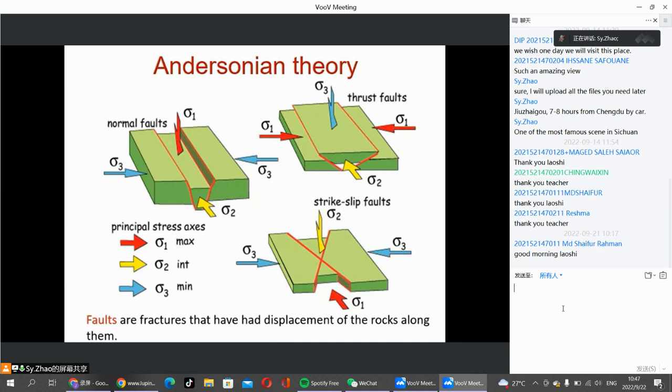So, due to Andersonian theory, three different kinds of faults will occur due to the various dominant stress. Faults are fractures that have had displacement of the rock along them, including normal faults, thrust faults, and strike slip faults.